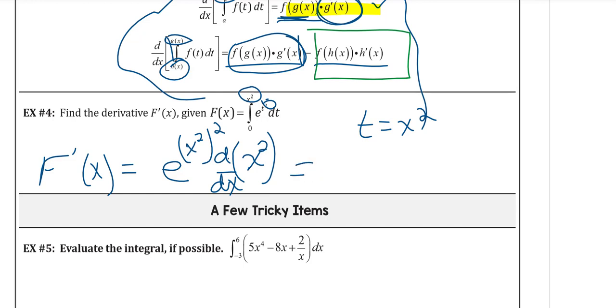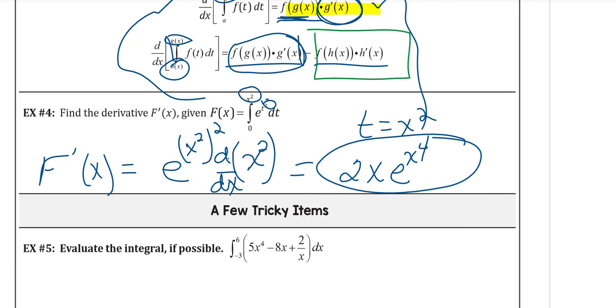So simplifying this, we get 2x e to the x to the 4th power. So that's how you do those derivatives. And we'll be doing a few more of those going forward.